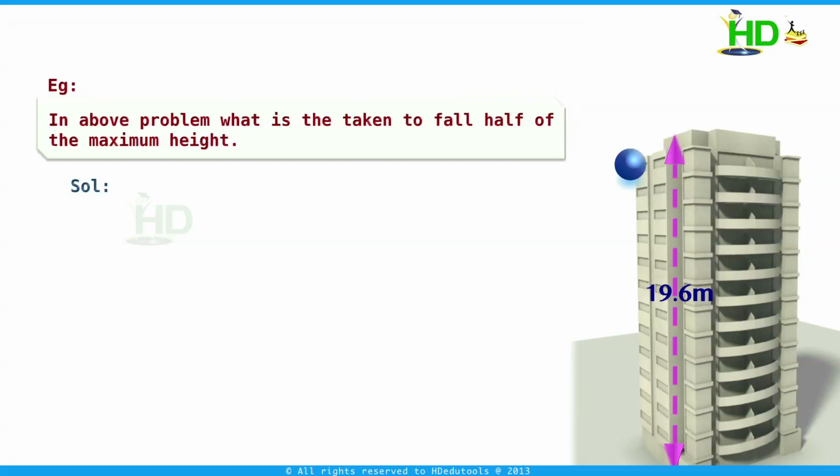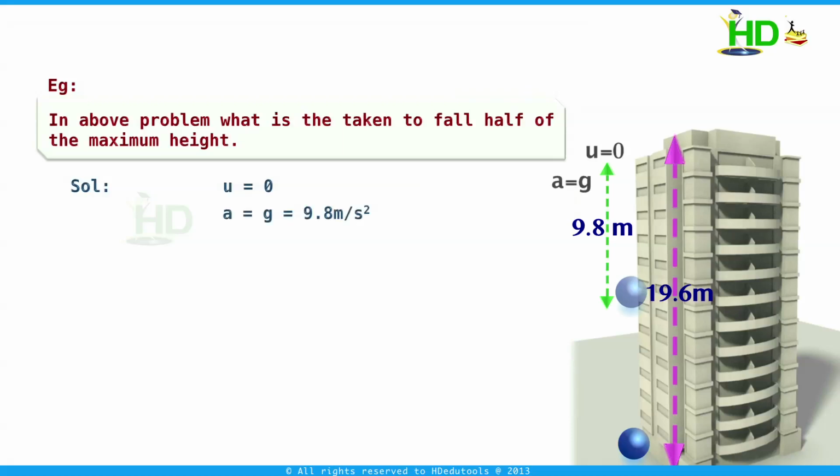We have to find what is the time taken to fall half of maximum height. That means the displacement is 9.8 meter, initial velocity is 0, and a equal to g, that is 9.8 meter per second square.